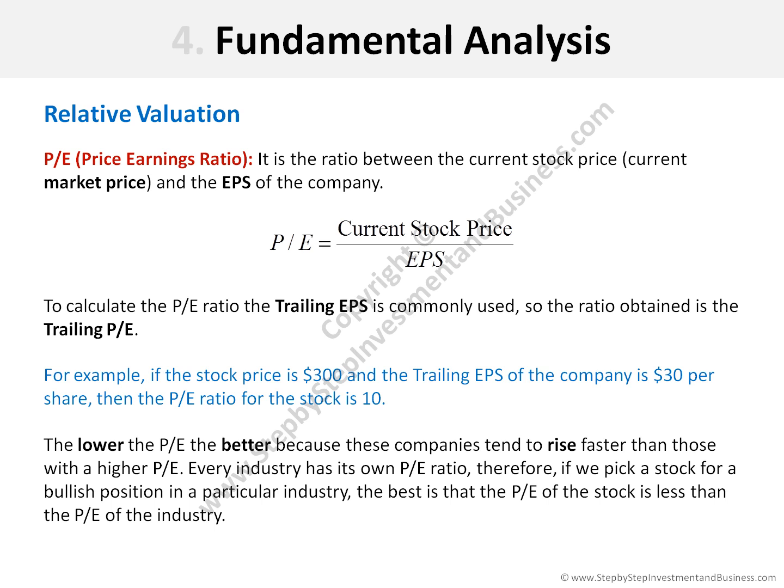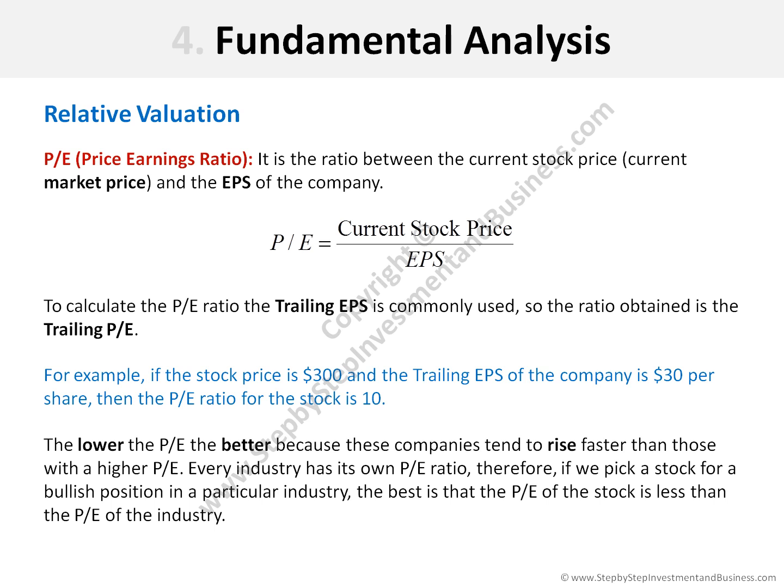To calculate the price-earnings ratio, the trailing EPS is commonly used, so the ratio obtained is the trailing price earnings. For example, if the stock price is $300 and the trailing EPS of the company is $30 per share, then the price-earnings ratio for the stock is 10.